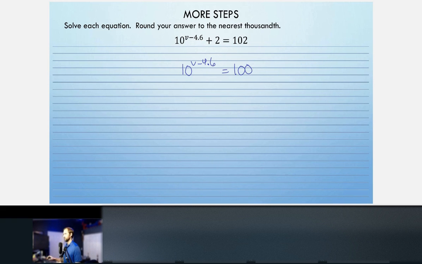Yeah. Okay. So let me show you something here. Did anybody rewrite this as 10 to the v minus 4.6 equals something? Anybody do that? Now, if we happen to see it this way, and I made 100 10 squared, what can I do?